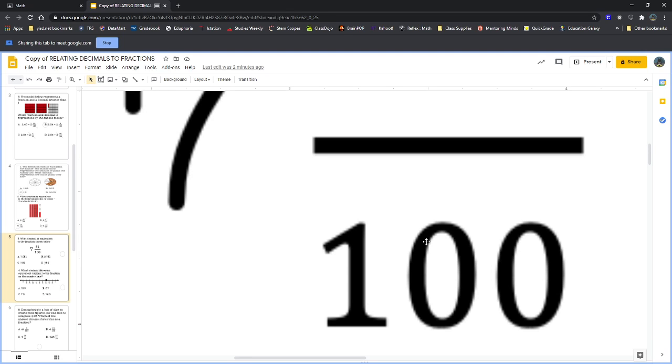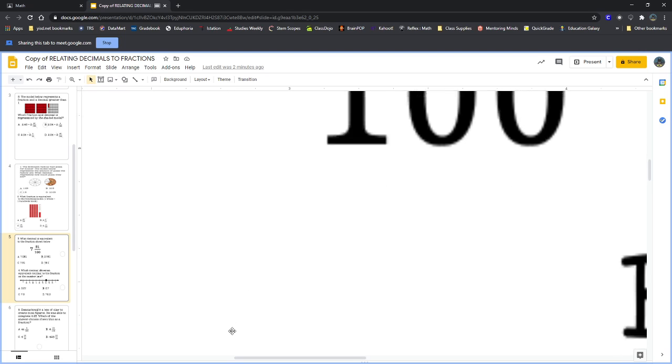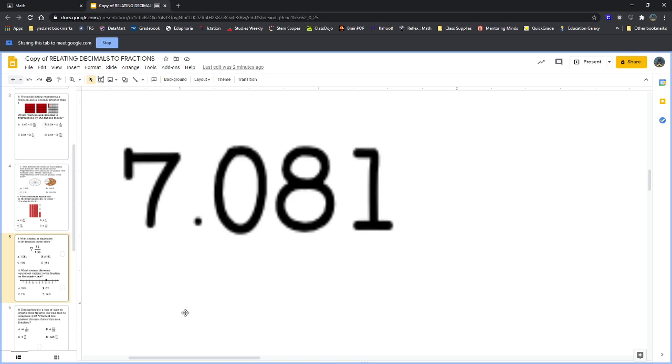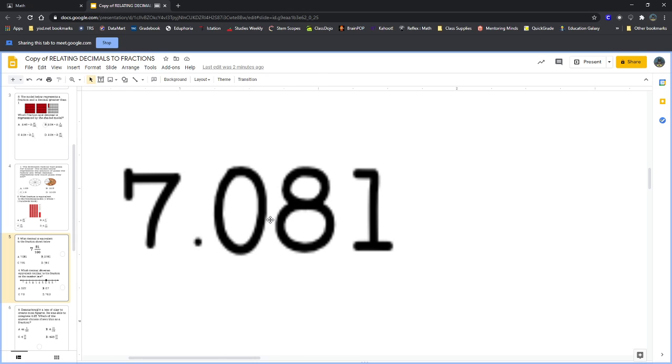If the denominator is 10, then I use the tenths. If the denominator is 100, I use the hundredths place. Now, there are decimal place values that are even smaller than the hundredth, but it's not something that we use in 4th grade. In 4th grade, once we get to the hundredths, we stop.